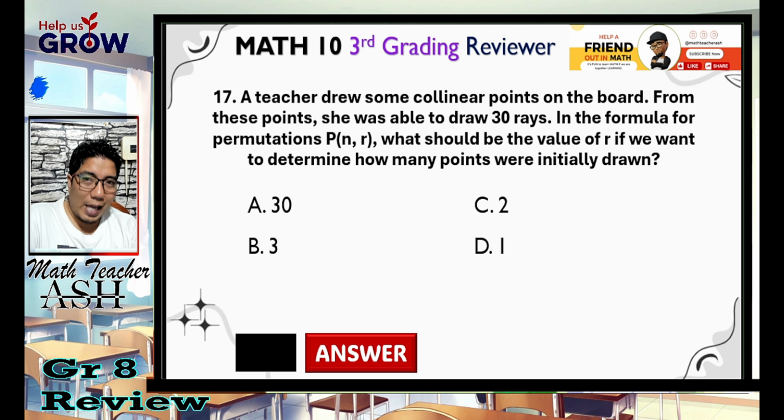By solving for n, we obtain the value of 6, because 6 taken 2 at a time gives us 6 times 5, which is equal to 30 rays. Of course, the question here is what is the value of r? Automatically, that is 2. Okay, letter C. Let's check whether we are correct.